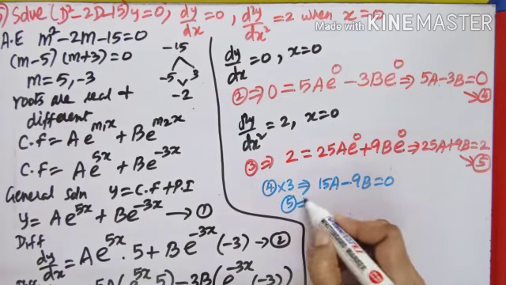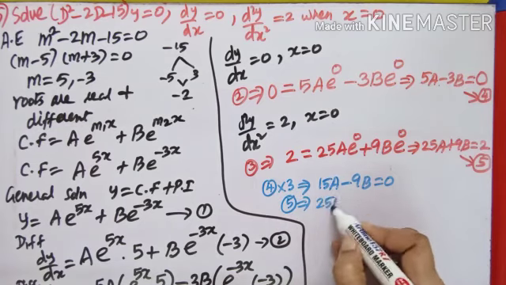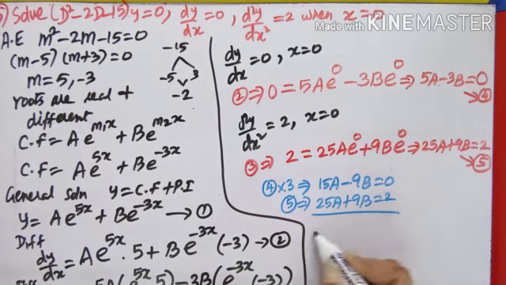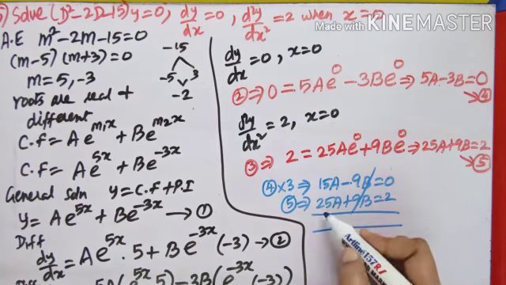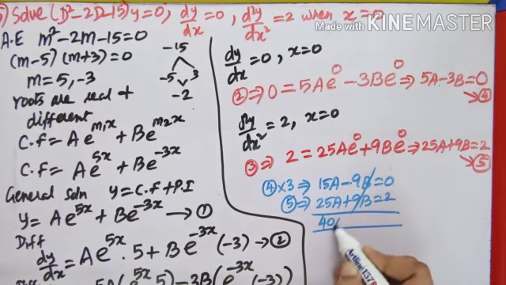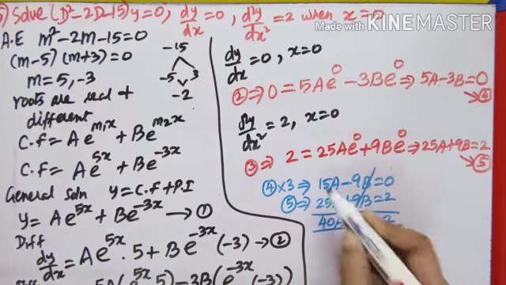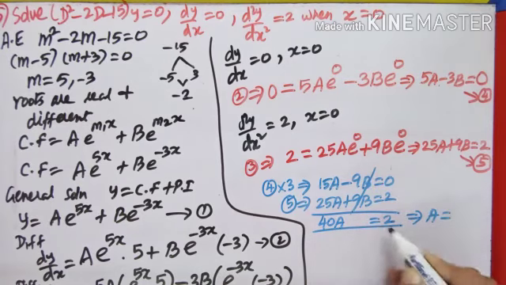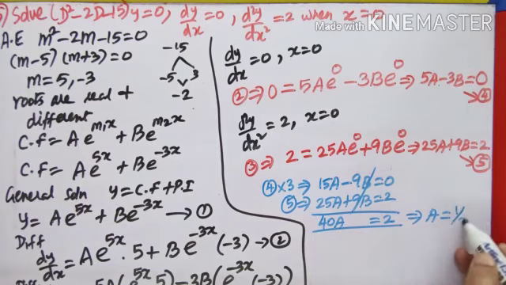Fifth equation we write as it is: 25A + 9B = 2. Adding, 9B and 9B cancel. 40A = 2, I am just adding. This implies A = 2/40, or it is 1/20.